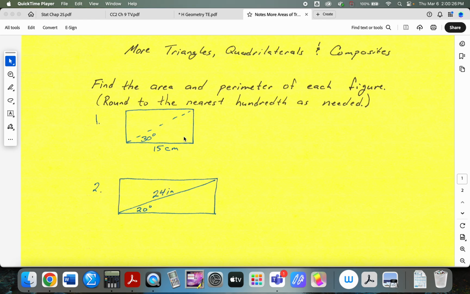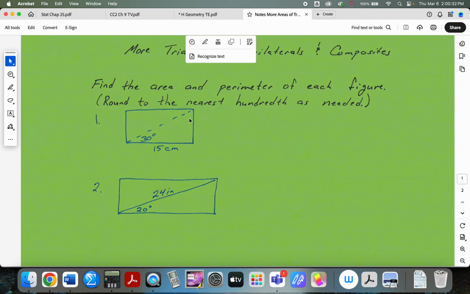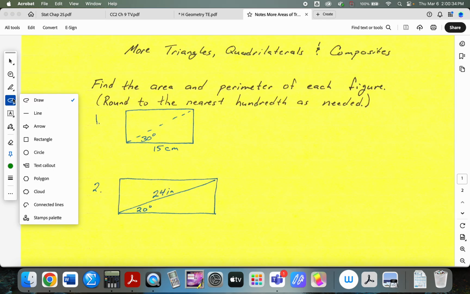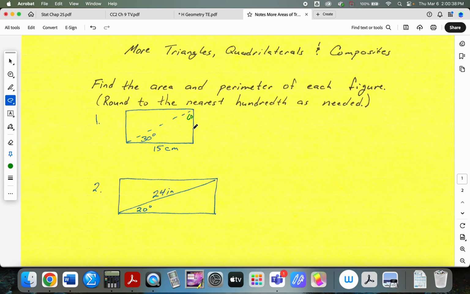So on this problem, we've got a rectangle down here, so this is a 30, 60, 90 triangle. Because it's a 30, 60, 90 triangle, we can use those rules. My short leg is S, the hypotenuse is 2S, and the long leg is S times the square root of 3.